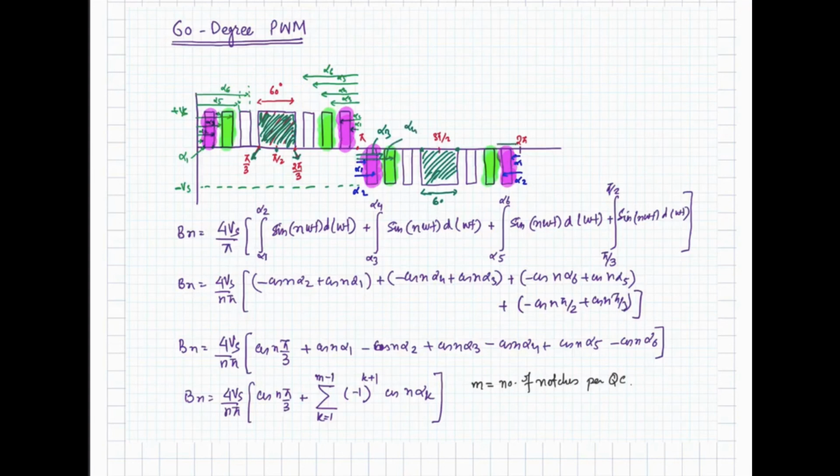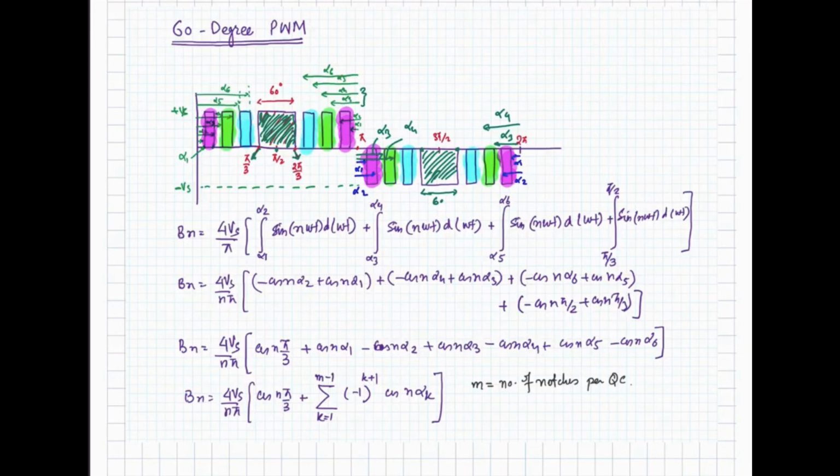Similarly from here this will be alpha 3 and this will be alpha 4, right, and the same you can see over here, alpha 3 and alpha 4. Then for the last pulse that is shown over here, we have this one. Let me take a different color for this. This pulse is equivalent over here in the second, third and the fourth one, so the angles will be the same.